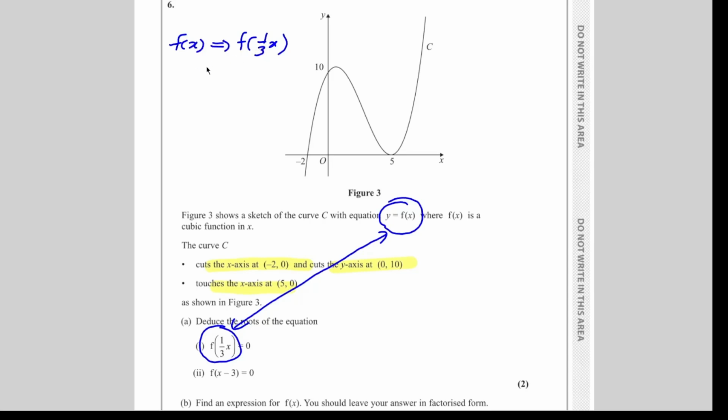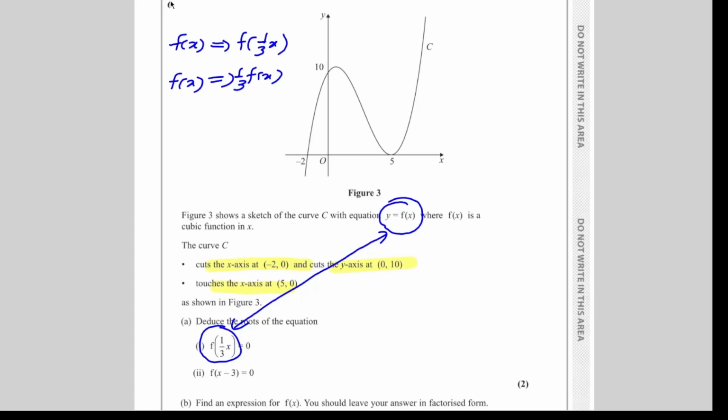If the change is outside the bracket, it will be like this. Here, this is outside the brackets, and now this is inside the bracket. If you spot this difference inside the bracket, the x coordinate always gets changed.